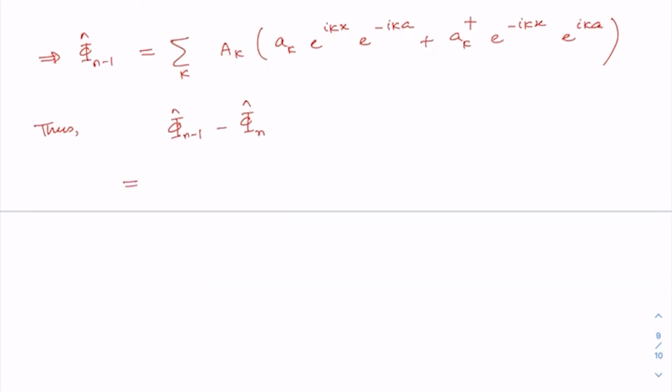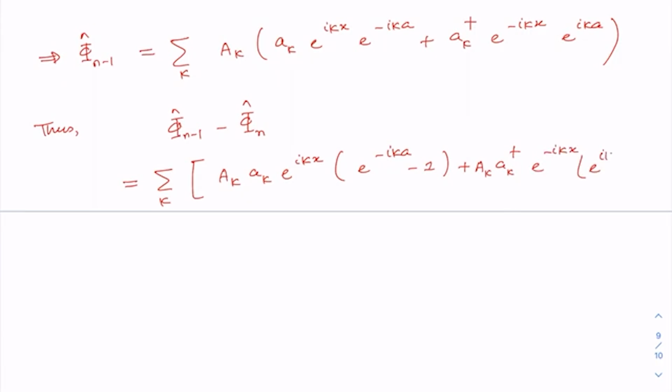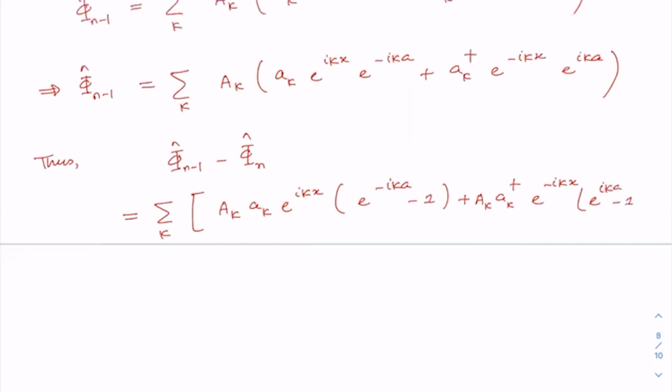that would be equal to sum over k. You have here ak e to the power I kx e to the power minus I ka minus 1, and we have ak dagger e to the power minus I kx e to the power I ka minus 1.